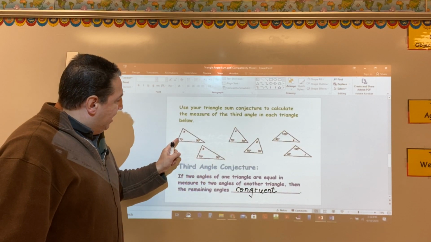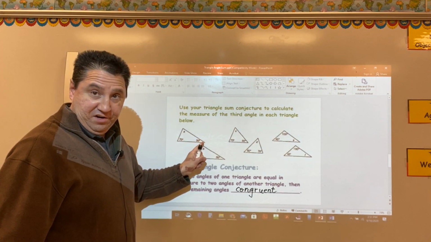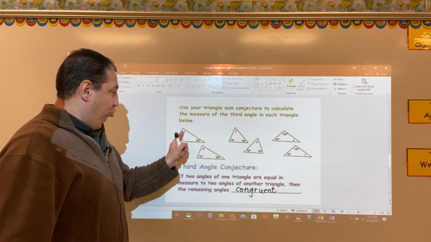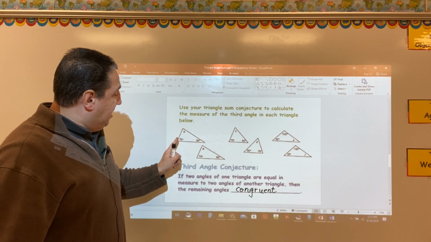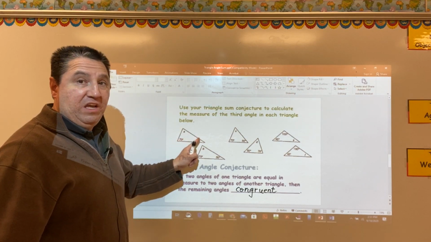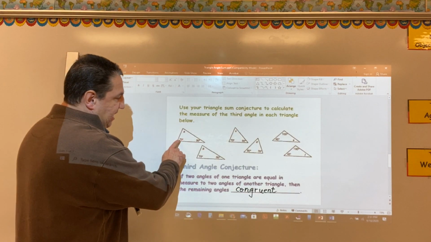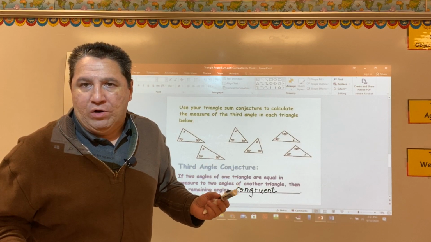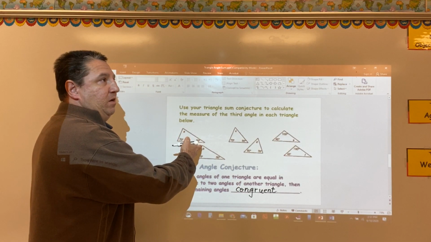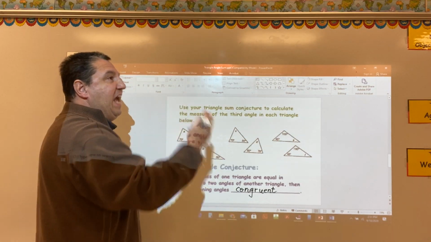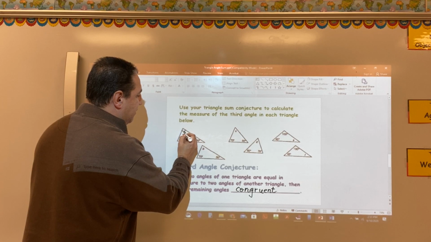Now, 2 of the angles are given, 70 and 30. To find angle A, we simply add these 2 given angles and subtract from 180. 70 plus 30 equals 100. Now we subtract this number from 180. 180 minus 100 would be 80. 80 degrees.